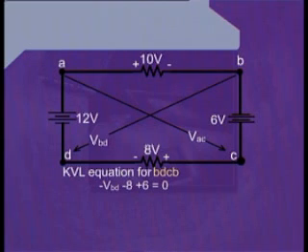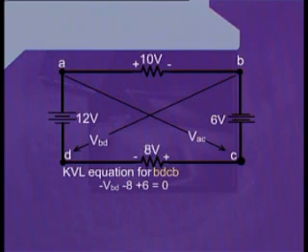After reaching at the point D, we will be facing towards the point C, and we can see that there exists a resistance between the points C and D, and the voltage drop across this resistance has been given as 8 volts. Also, the terminal towards the point D has been marked as negative. Therefore, we will write minus 8. We go through this resistance and reach at the point C.